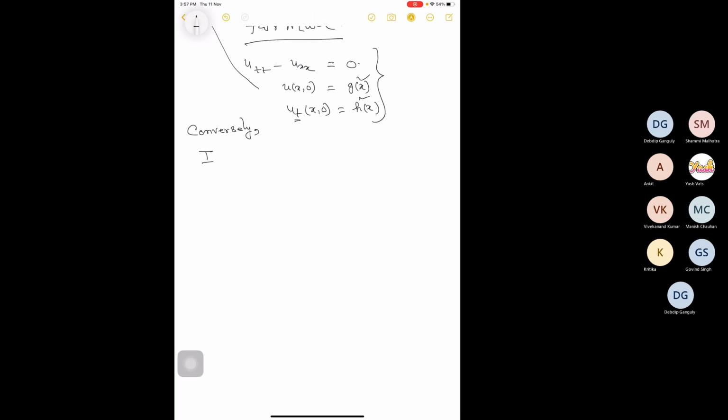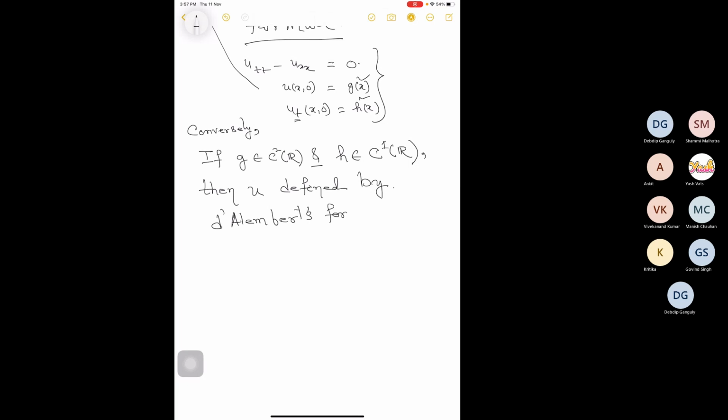Conversely, if g is C2 of R and h is C1 of R, then you define u by the formula, and it solves this Cauchy problem.